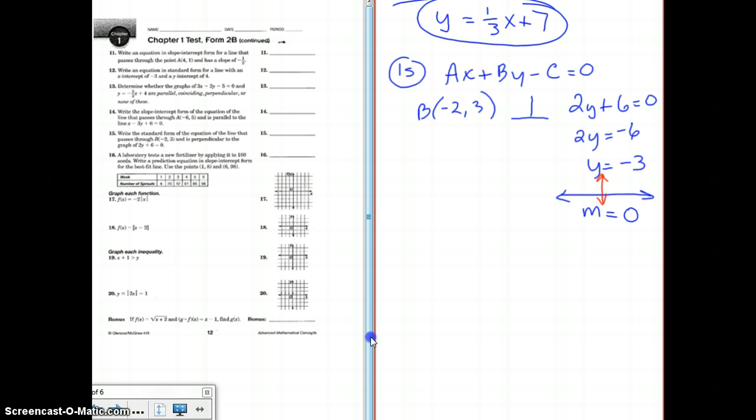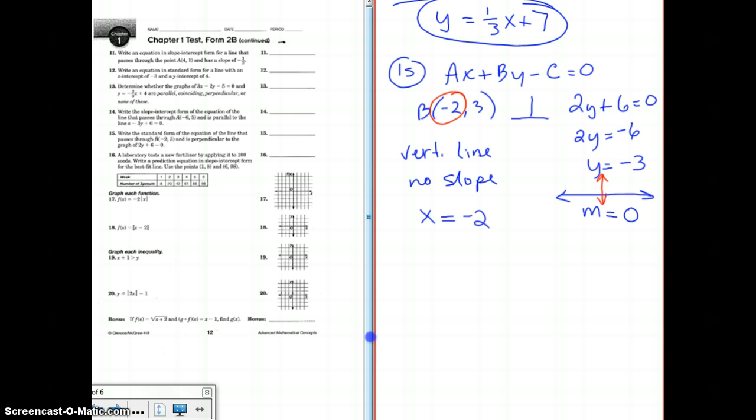And a vertical line has no slope. A vertical line equation is strictly going to be based on where it crosses the x-axis. So in that case, all I need is the x-coordinate of the given point, and the equation of my line then will be x equals -2.